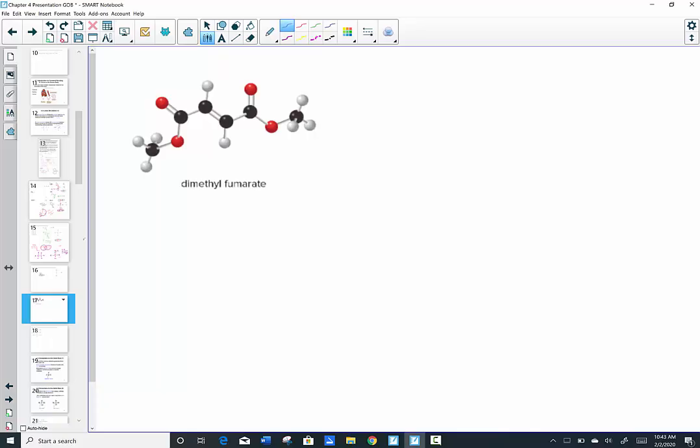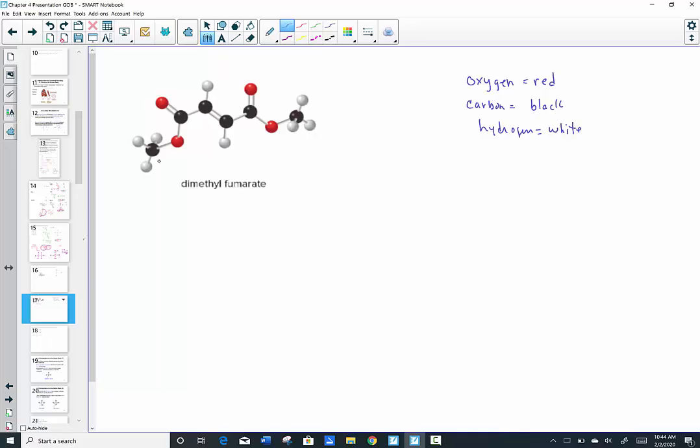The oxygens are in red, and if you're printed out in black and white, it might be hard to tell, but the oxygens are the red. Carbon is always modeled with a black molecular atom, and the hydrogens are the gray or white ball of the molecular model kit.